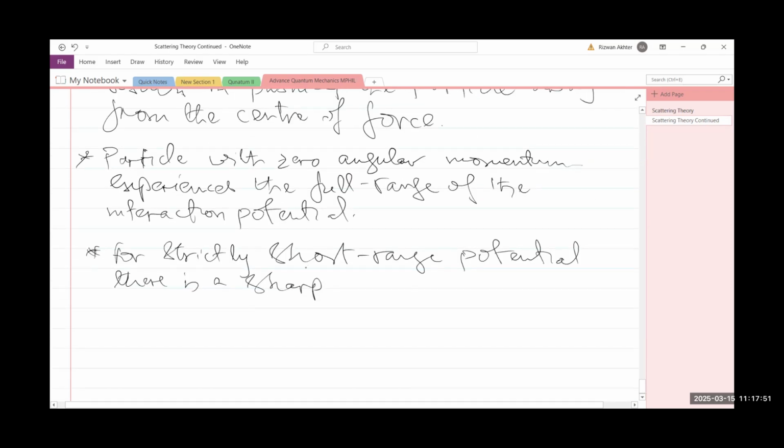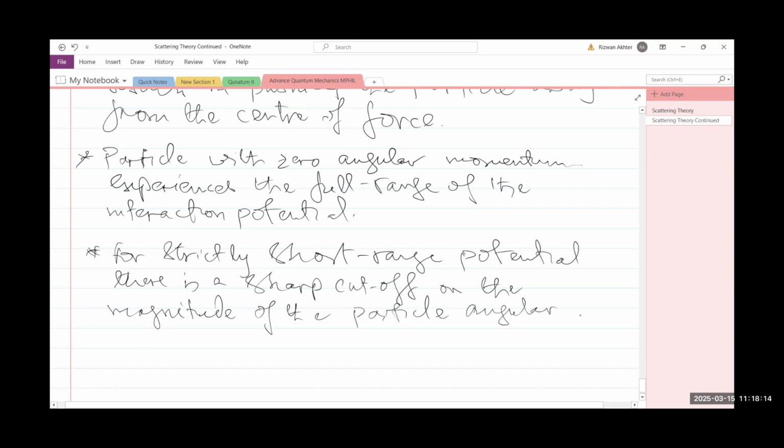There is a sharp decrease or cutoff on the magnitude of the particle angular momentum that can be scattered.